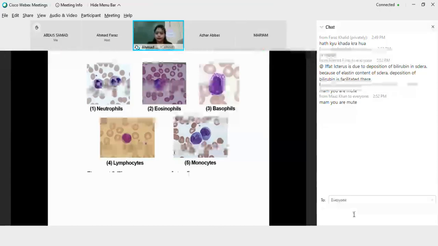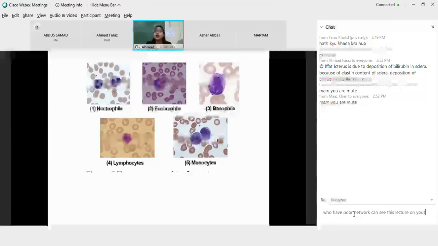So don't panic. So these are the 5 types of cells. You can identify that neutrophils are multilobed, eosinophils and basophils are bilobed. On the characteristic features, first you have to see the cell size in comparison to the surrounding RBCs.